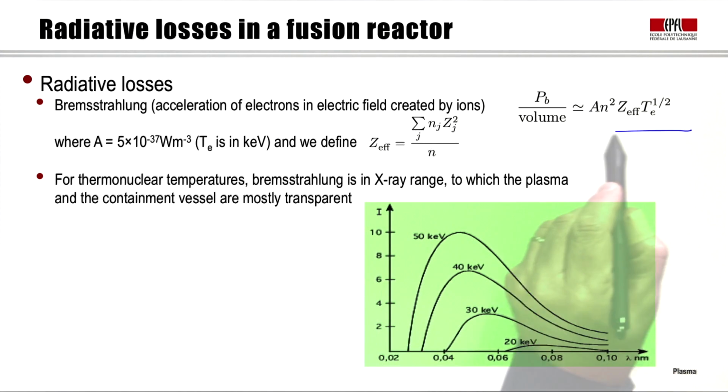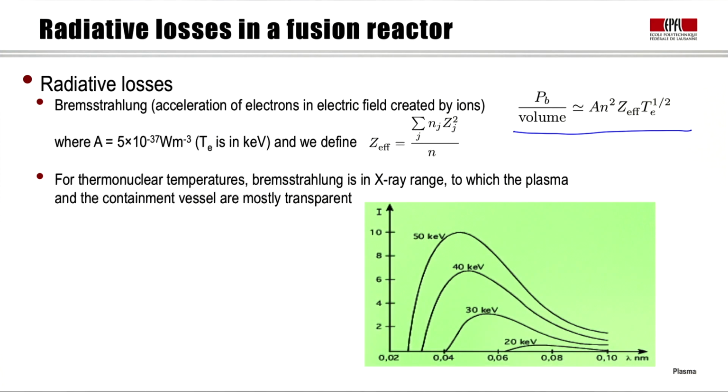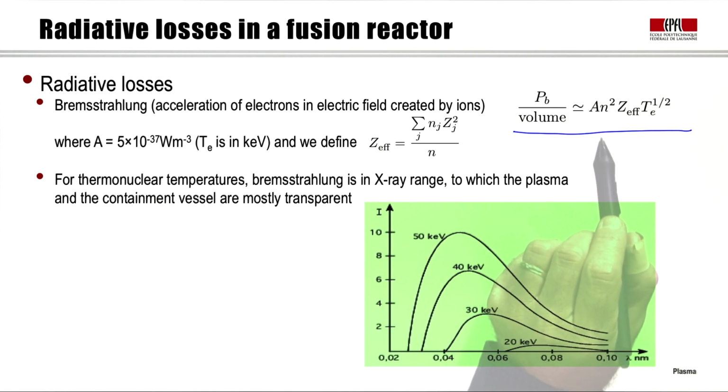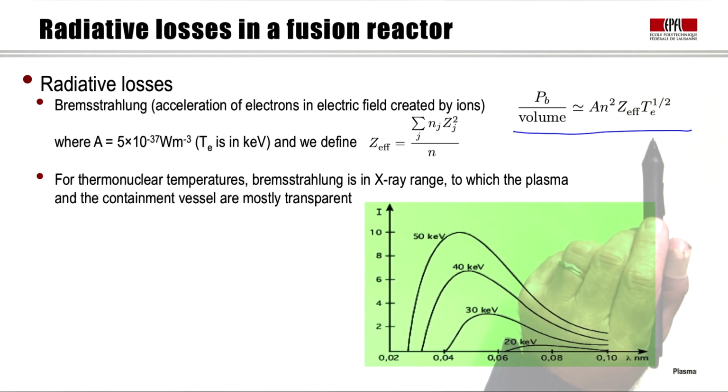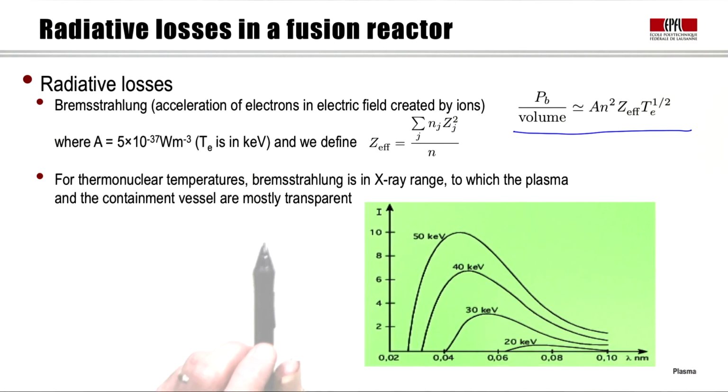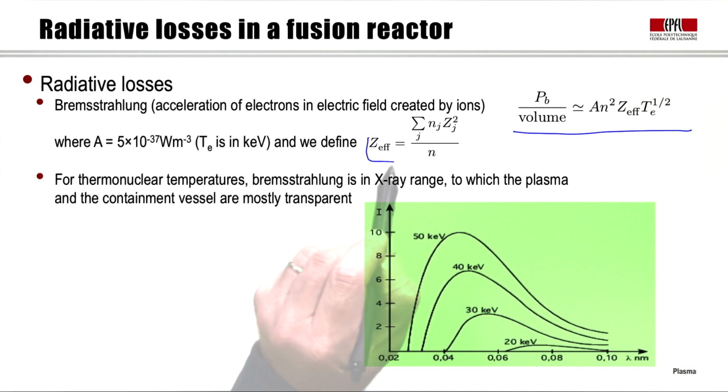The radiative power by Bremsstrahlung can be expressed, or at least its density, that is the power by the volume, can be expressed in terms of a simple expression proportional to the square of the density, to the square root of the temperature, and to a parameter called Z effective, which is defined here, which basically describes the average charge state of the ions in the plasma.